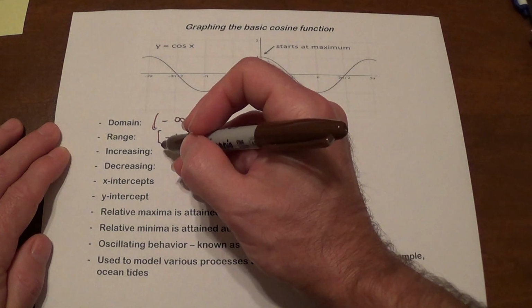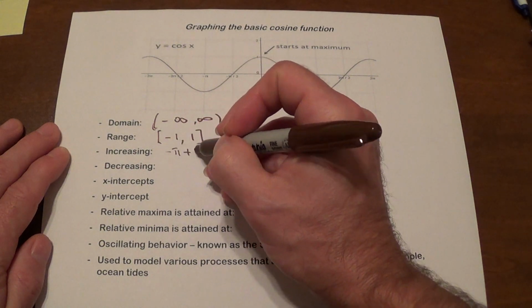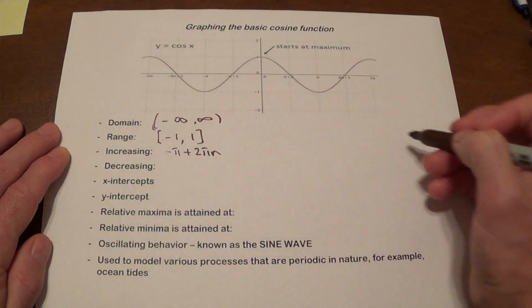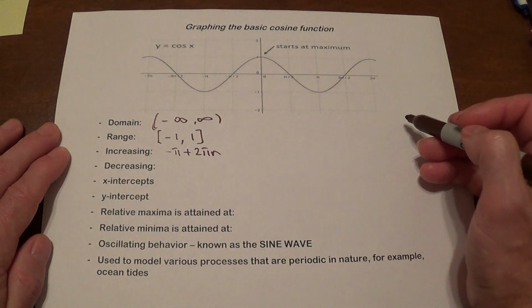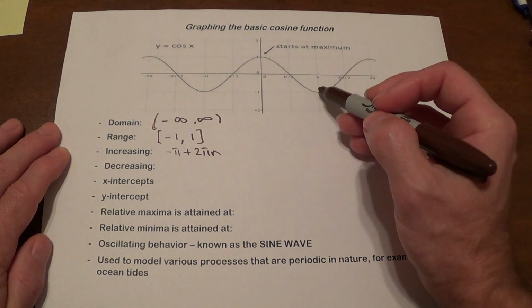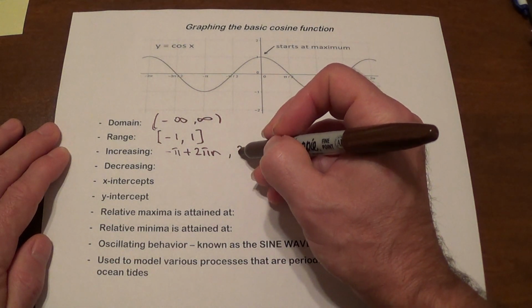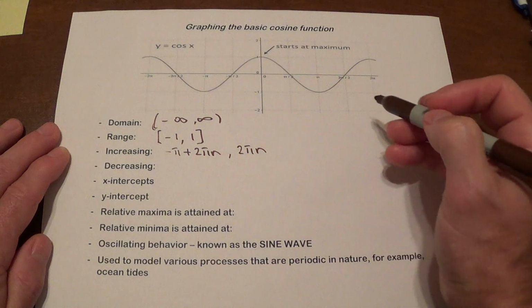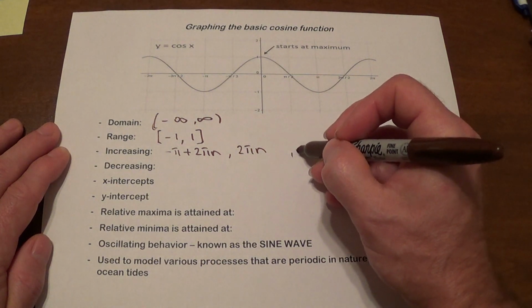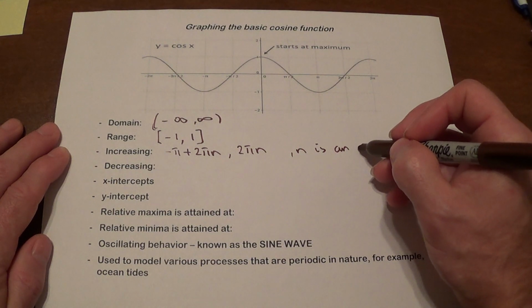So we can summarize that as negative pi plus 2 pi n. Plus 2 pi n adds a full cycle to it. So like from negative pi to 0, and then from pi to 2 pi, where n is an integer, an arbitrary integer.